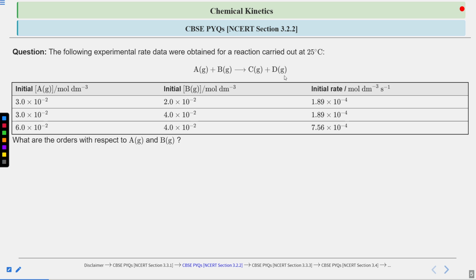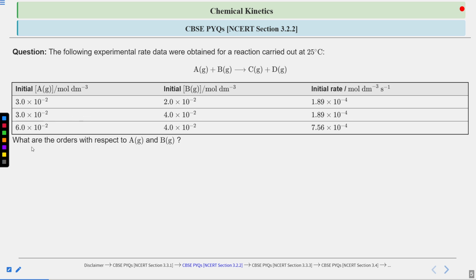The reaction is A in the gaseous form reacting with B in the gaseous form, giving us C in the gaseous form and D in the gaseous form. For this reaction, carried out at room temperature, the experimental rate data obtained is represented in this table.